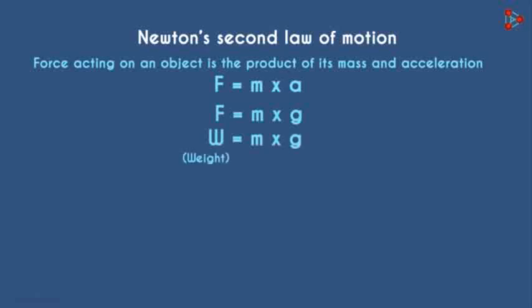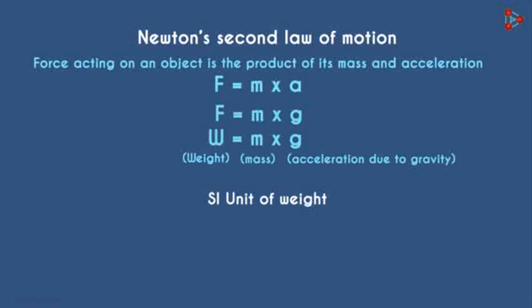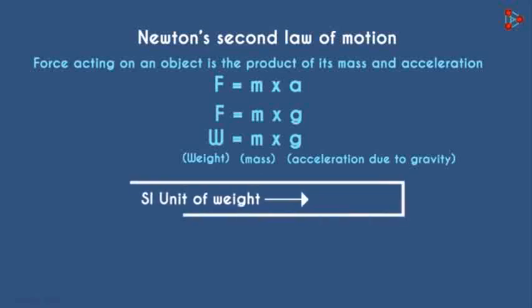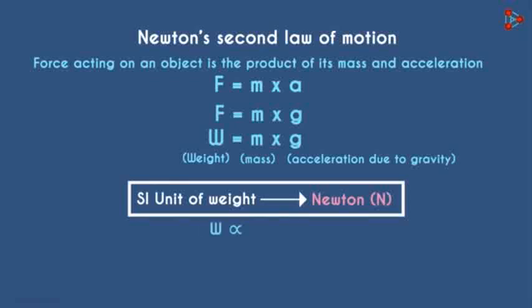So the weight of an object is the product of its mass and acceleration due to gravity. What will be the SI unit of weight? Can you guess? It'll be the same as that of force, Newton. As the value of g at a particular place is constant, we can also say that the weight of the object is directly proportional to its mass.